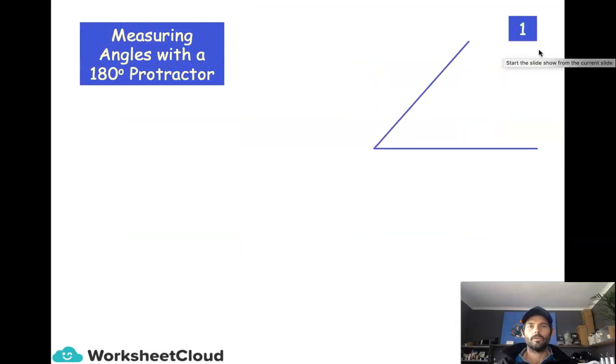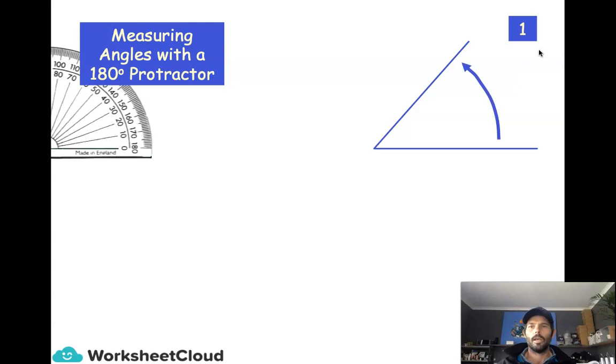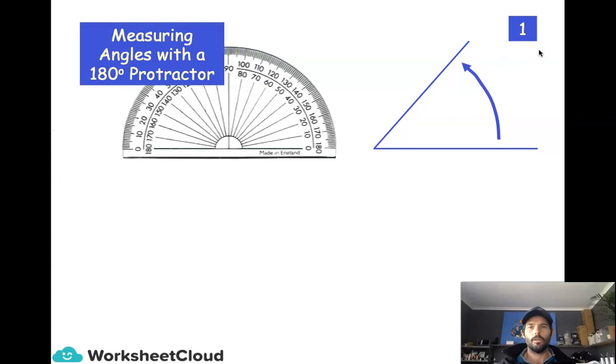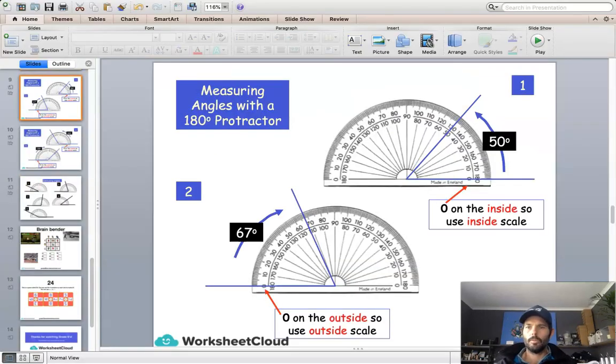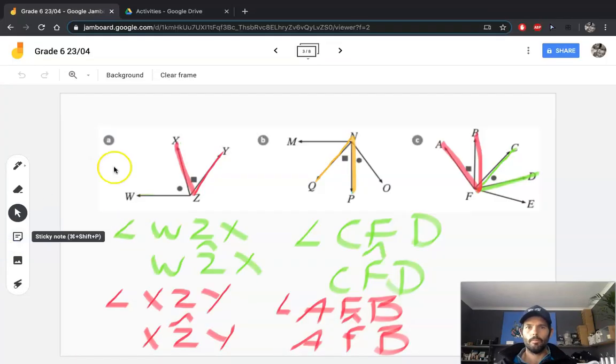Right, so measuring angles with the protractor. If I have that angle and I want to measure it, I put my protractor on the angle. It's really important that the exact T-junction is on the corner where the angle is, and it's going to be easier for me to show you on the Google Jamboard.